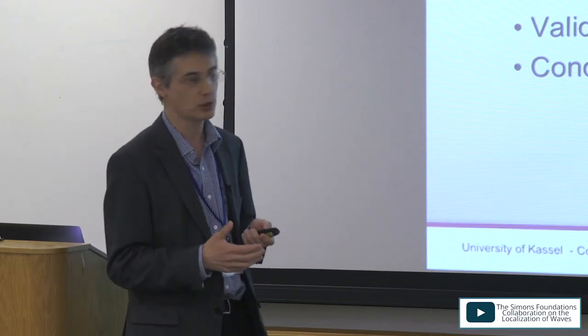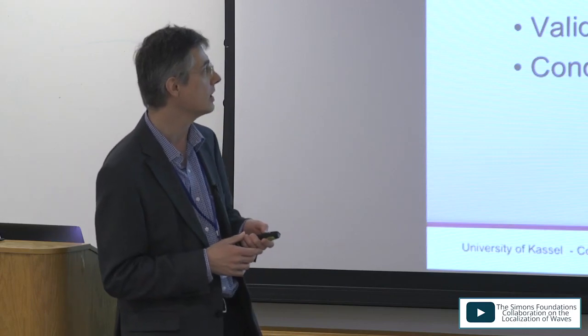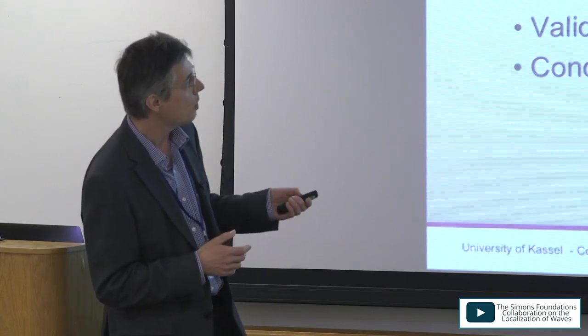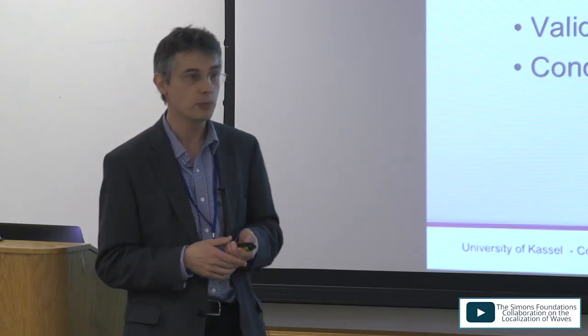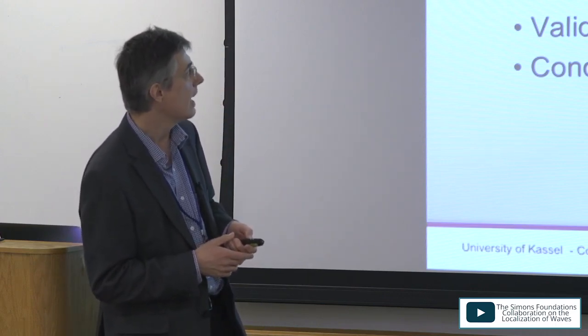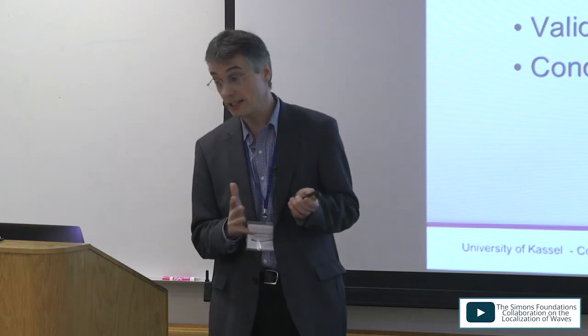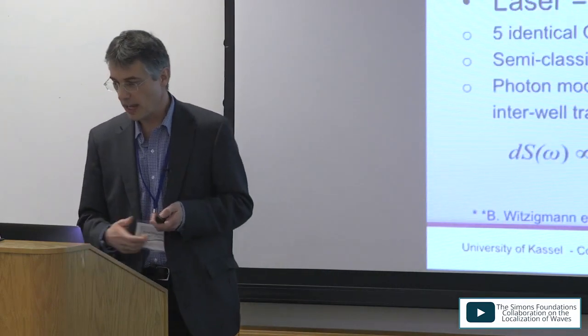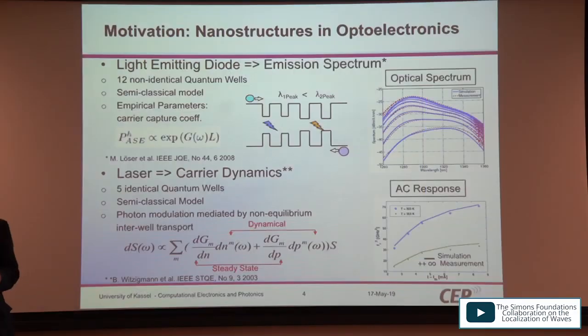I think that's a guiding idea that I would like to discuss. And I would like to compare this with a quantum transport approach, which is called non-equilibrium Green's function, and show some validation and some examples.